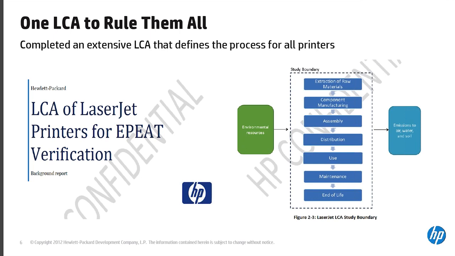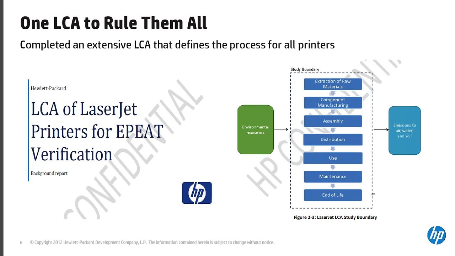Why don't we do a sort of a grand LCA that takes all that into account rather than doing it for each and every product? It was a very unique approach. It was also a very expensive approach at the outset, but in the long term, it's been very cost effective on a per product basis. What this LCA does then is it says, when we run one of our products through this model, here's what goes in, here's exactly how it's modeled, and here's how the data is produced, just like you would expect with any LCA report.